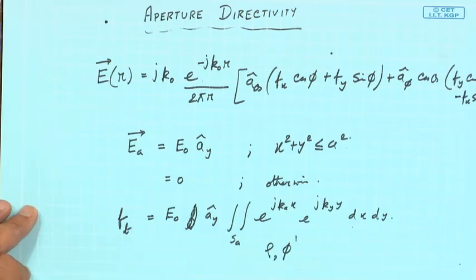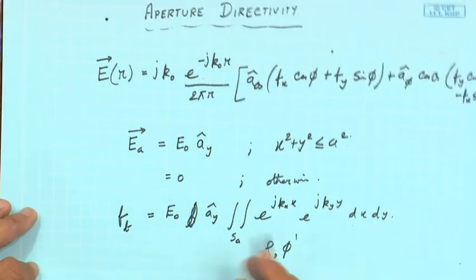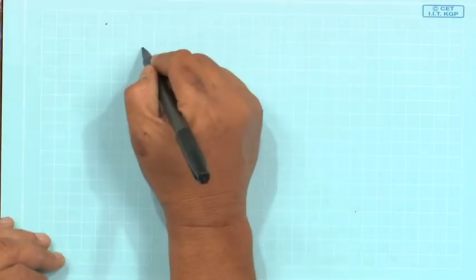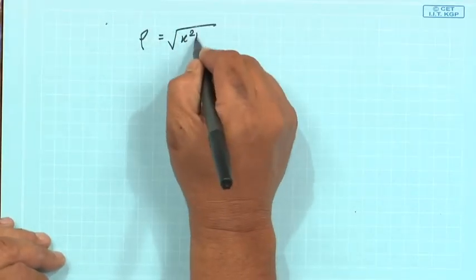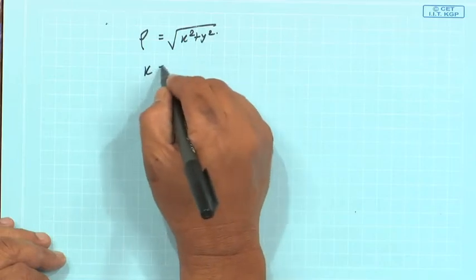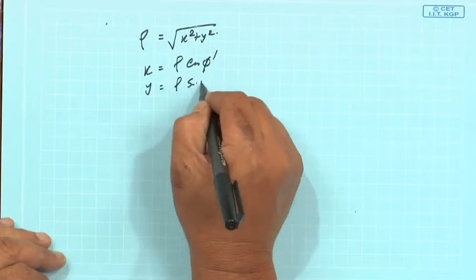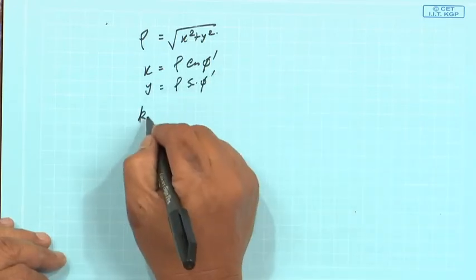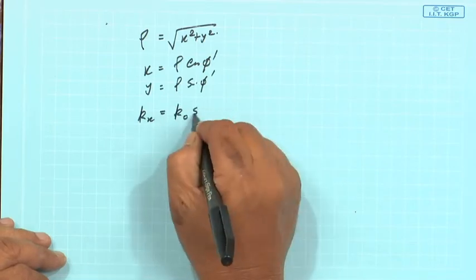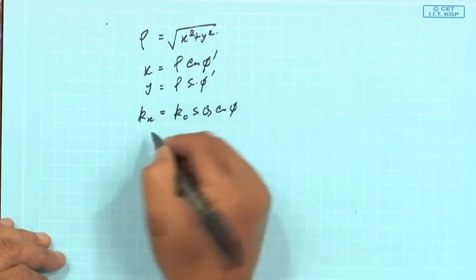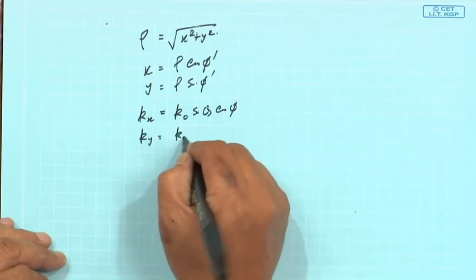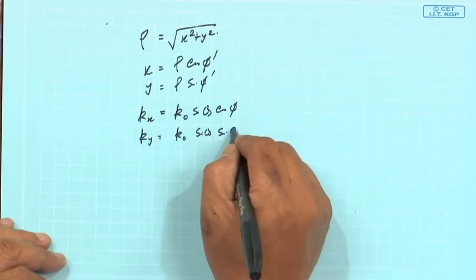Since there is also phi, the observation field phi and the source field phi, that is why I am saying phi dash. Now, what is my rho? Rho is nothing but root over x squared plus y squared. So, x is rho cos phi dashed, y is rho sin phi dashed, and also we know kx is k0 sin theta cos phi and ky is k0 sin theta sin phi.